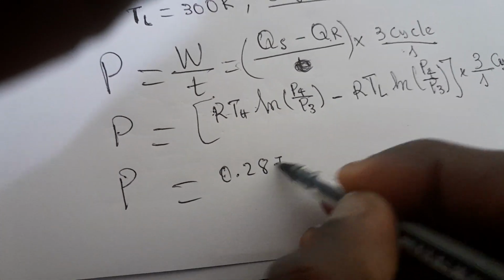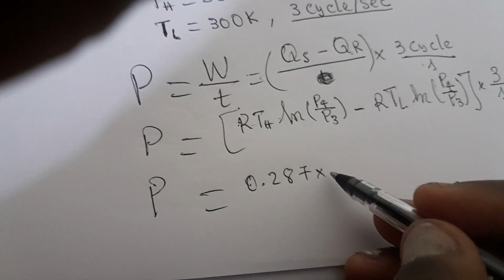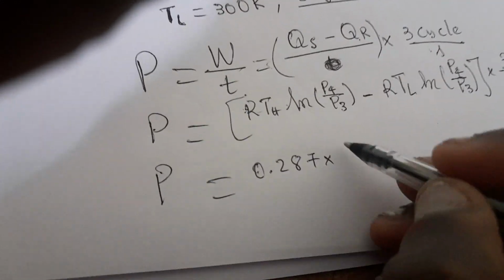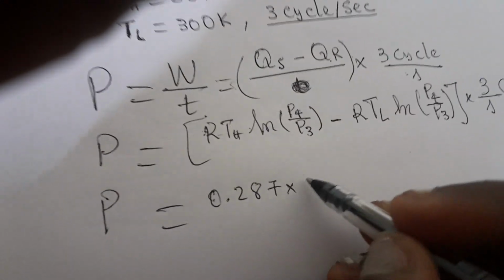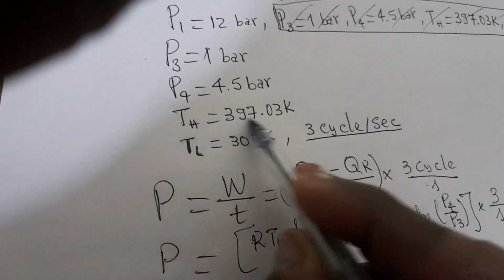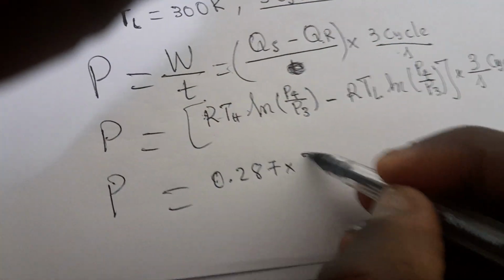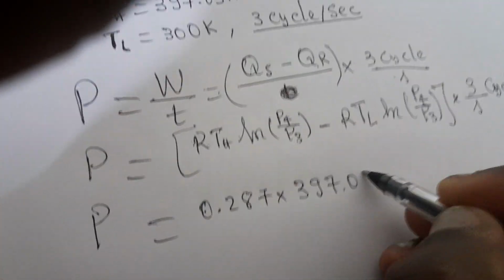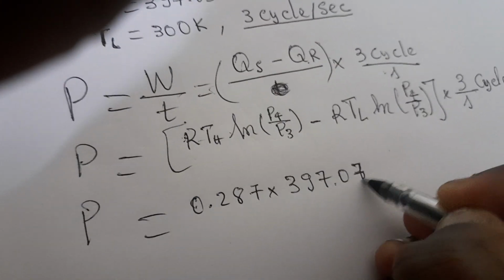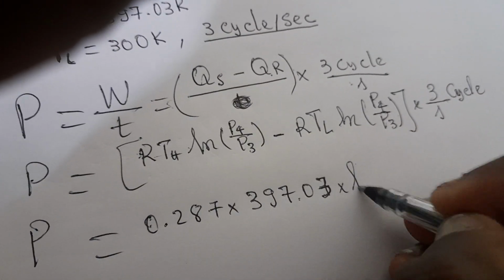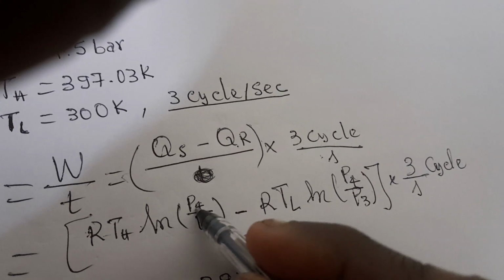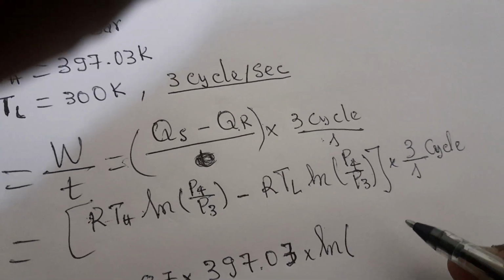This will be 0.287 times the R given, times T_H. What is T_H? T_H is given there, I guess I wrote it here. It is 397.03 times ln of P4 over P1. What is P4? P4 is 4.5.